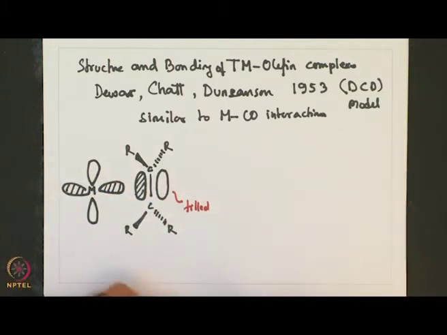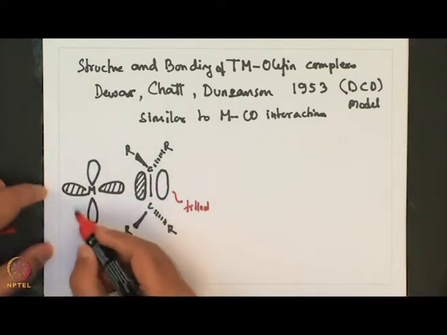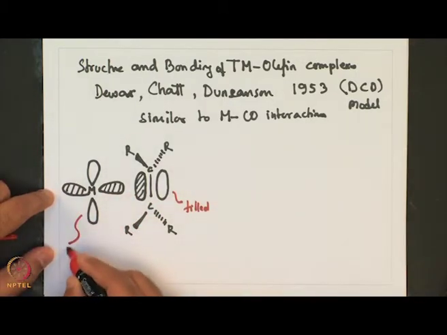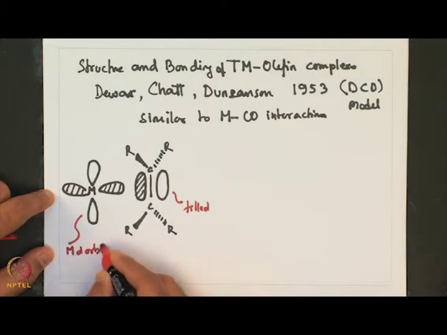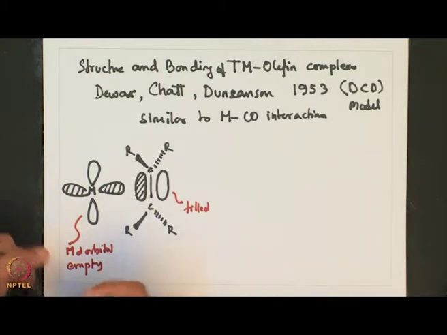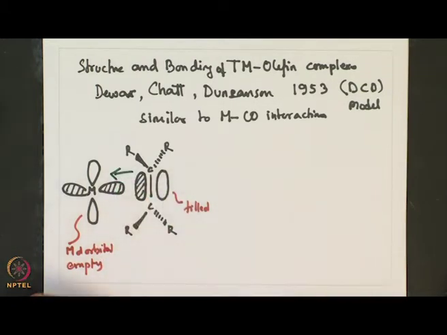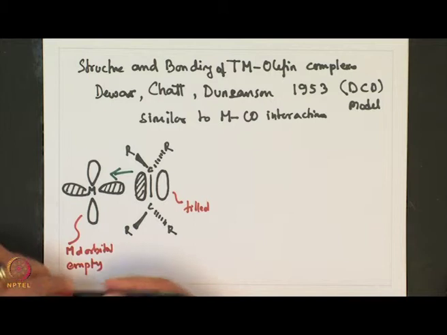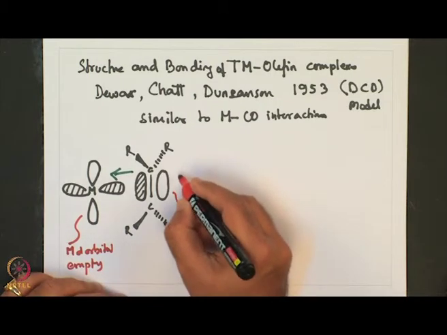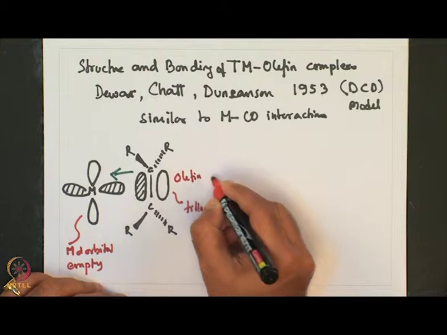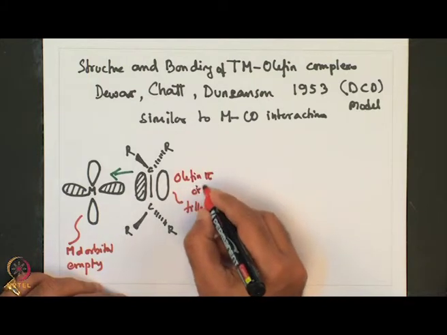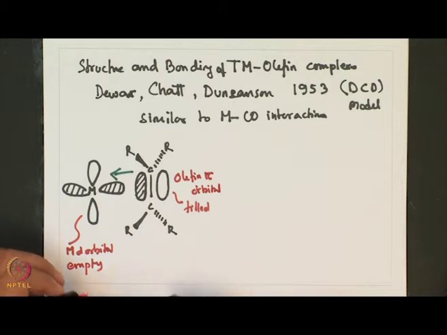And this is an empty orbital which is empty. As a result, the donation would happen from the filled orbital to the metal, and this is the olefin pi orbital donating to the metal.